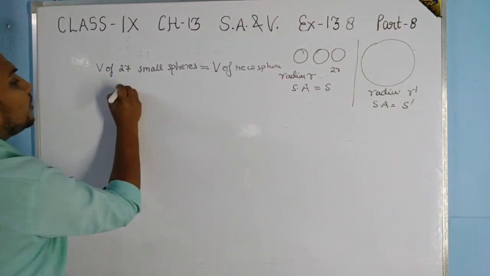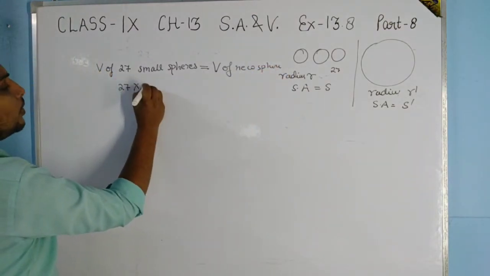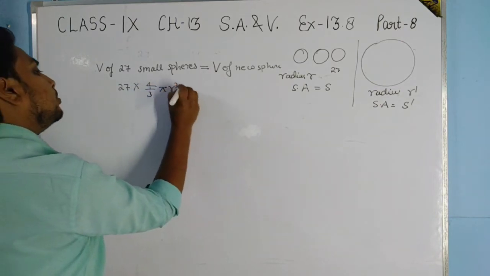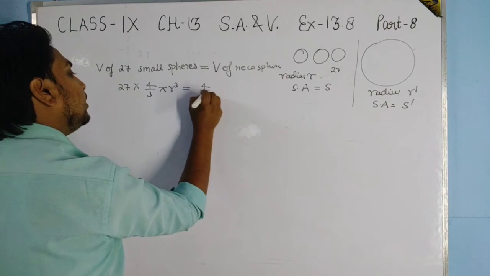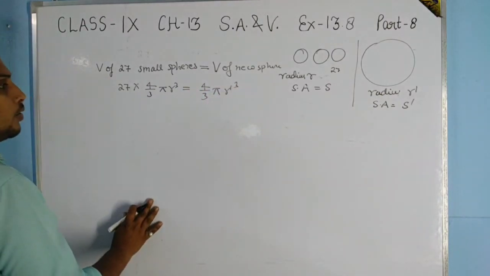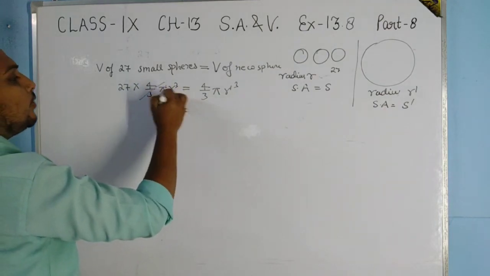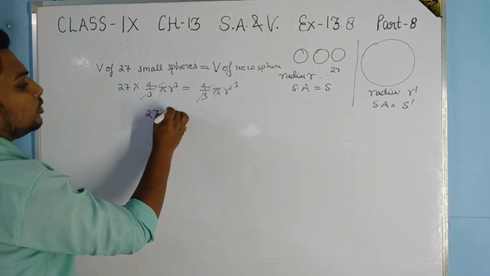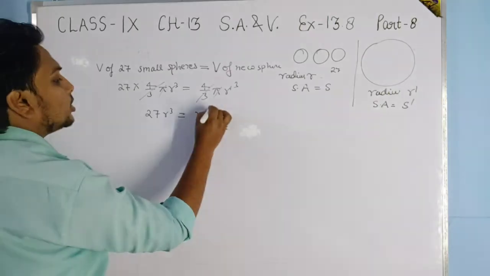It means 27 into 4 by 3 pi r cube will be equal to 4 by 3 pi r dash cube. So 4 by 3 pi will be cancelled out. 27 r cube will be equal to r dash cube.